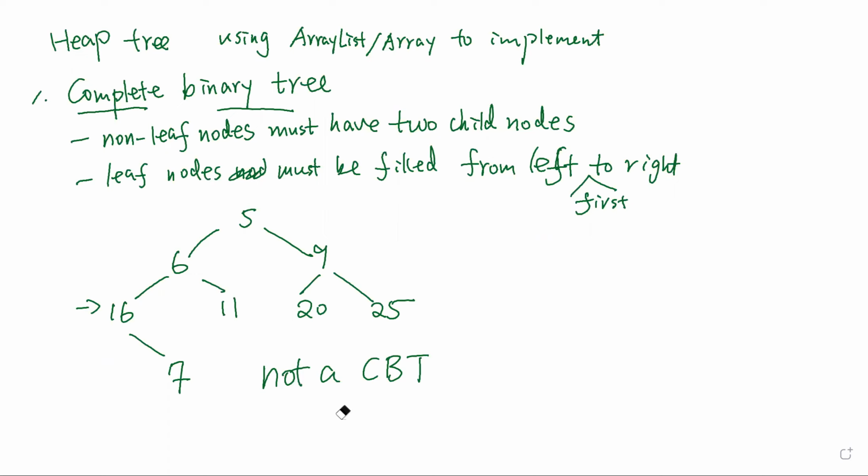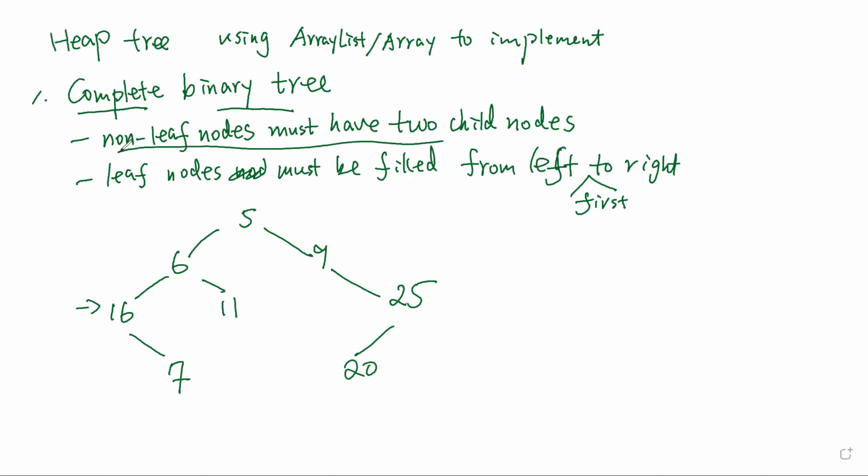Let me erase. And 9, then let me draw this case: 25, and then 20. If you draw it like this, then definitely this doesn't meet even the first condition, the first requirement, so this is also not a complete binary tree.